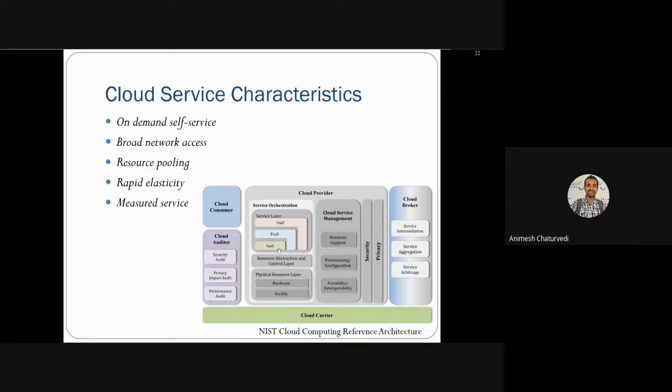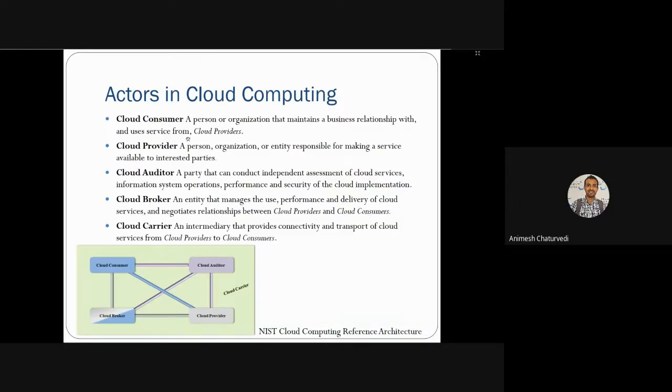Then elasticity should be rapid elasticity, which means an increase or decrease in the number of users should be managed properly, so provisioning and deprovisioning should be done properly. Then proper measurement of service should be done, like security, privacy, and performance. Then we'll discuss each of the actors one by one.